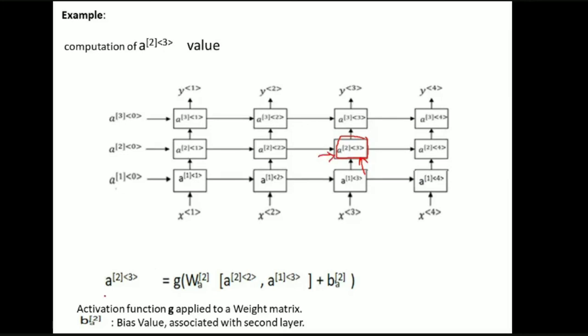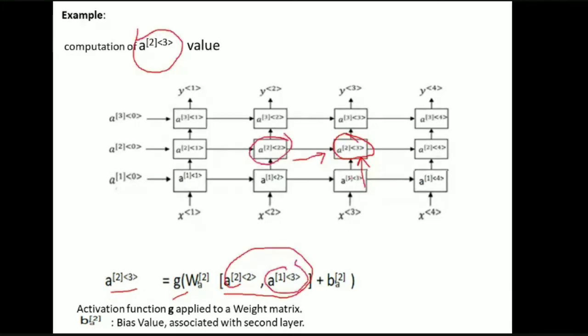That is, A23 is given by a function G applied on the weight matrix of this second layer with respect to A22, this input, and A13, this input, plus the bias value. So this is how we calculate the value of A23.